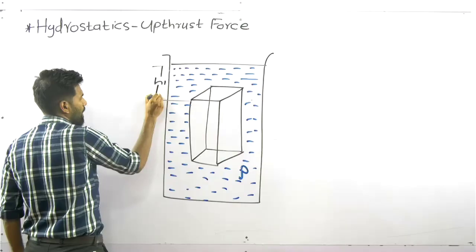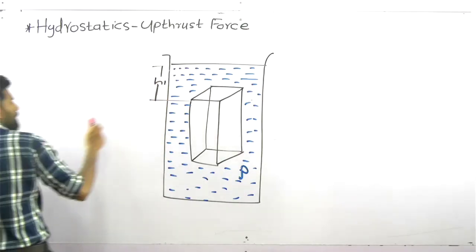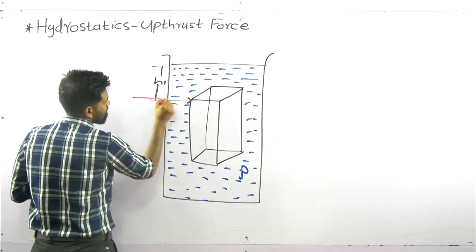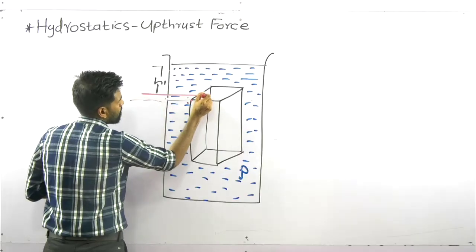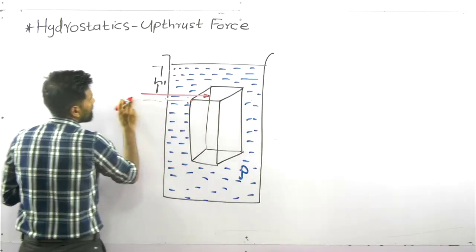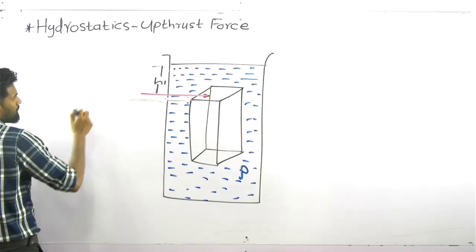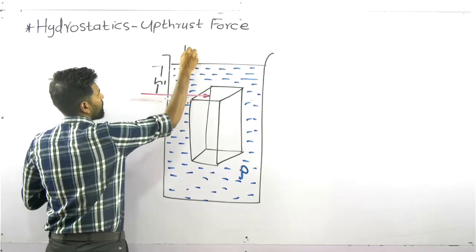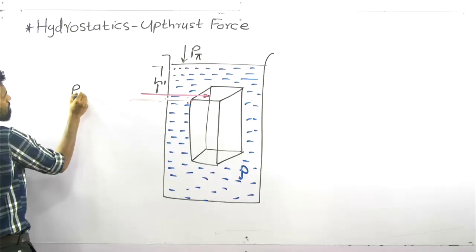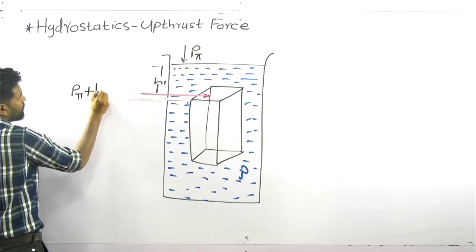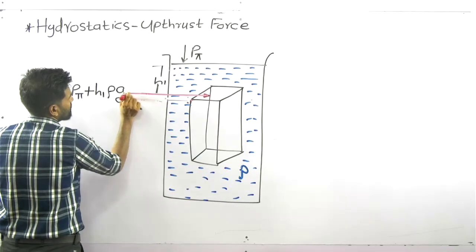So at this level, the height is h1, and the pressure is equal to atmospheric pressure P0 plus h1 rho g in this place.